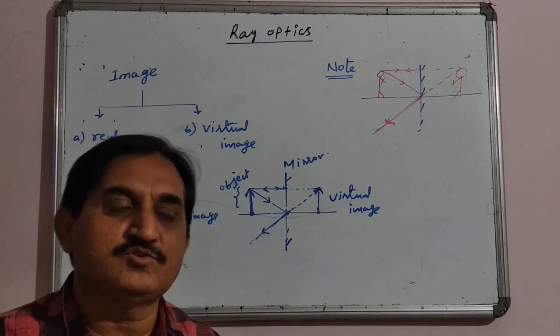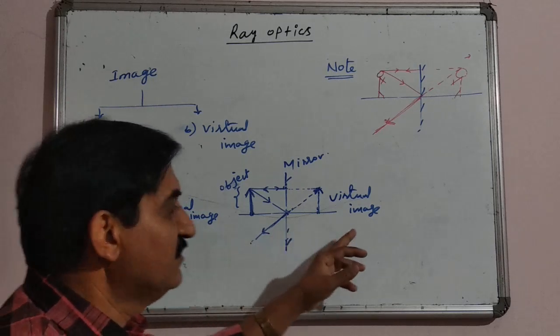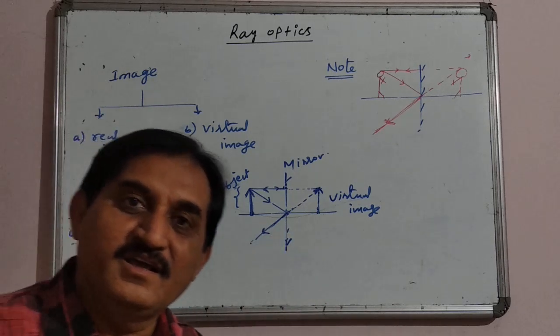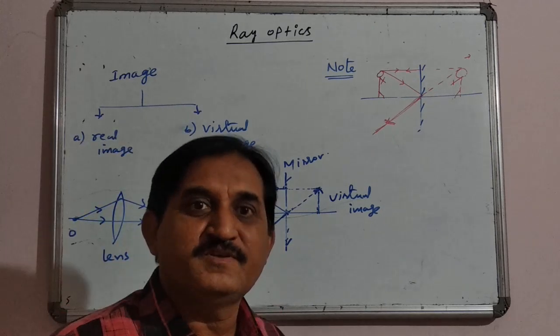So this is how we understand that a virtual image is formed, by taking a suitable example, a plane mirror. A plane mirror is giving a virtual image for a real object. Keep in mind, some confusion will be there.